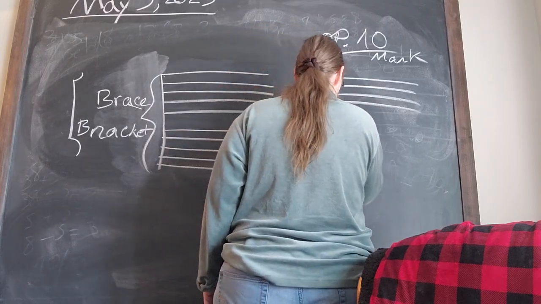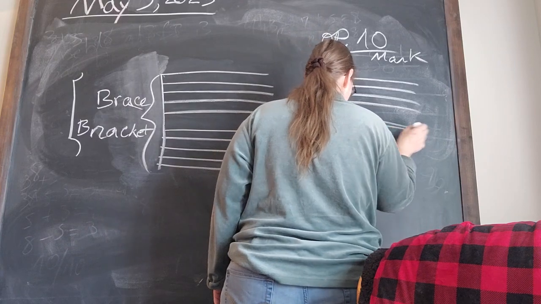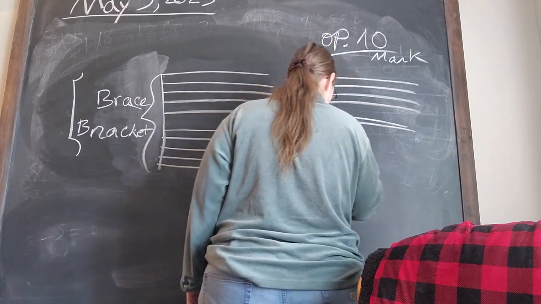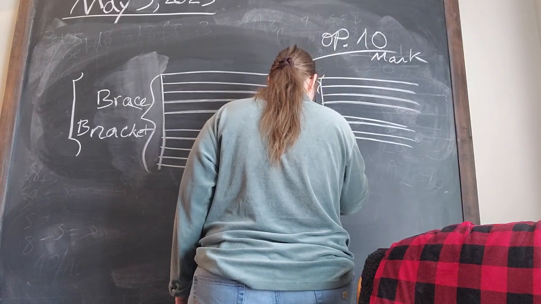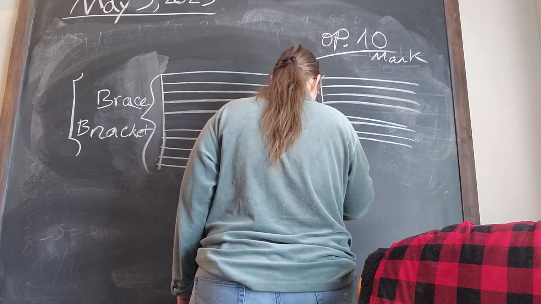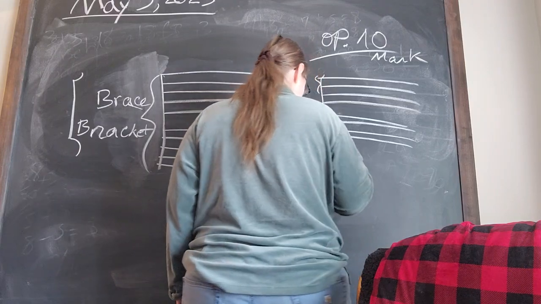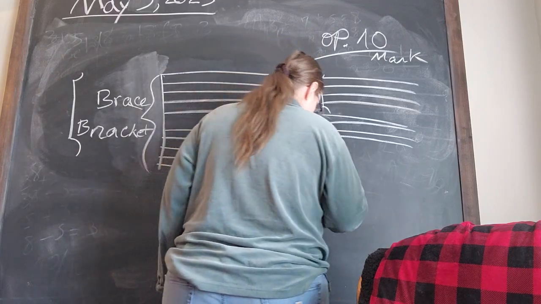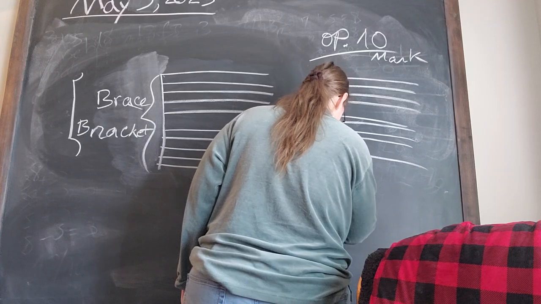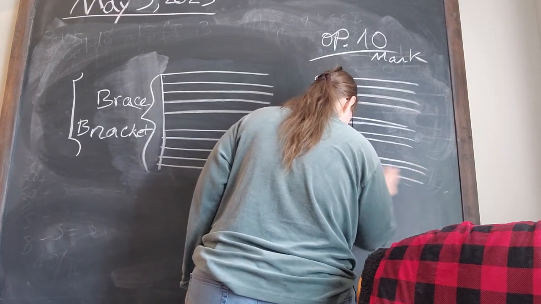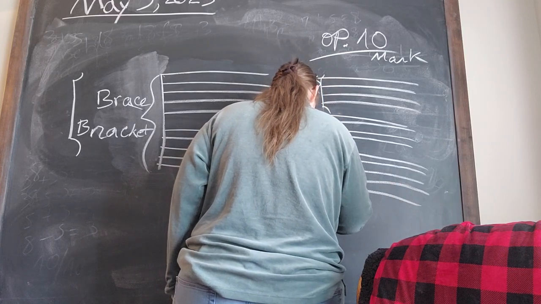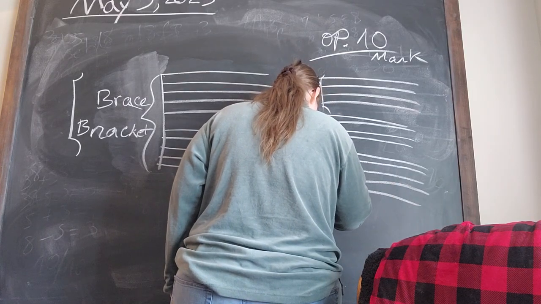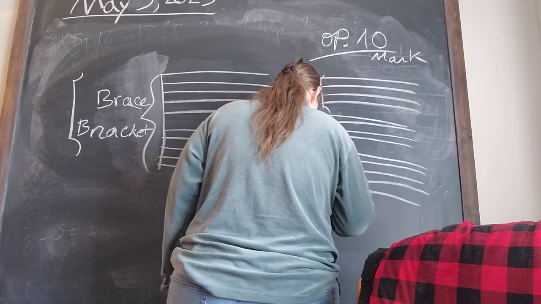And then let's say we have some percussion stuff going on, possibly a harp. A harp is going to use the bracket or the brace. And then down at the bottom of the score, you have your strings, and they're all going to be grouped together.